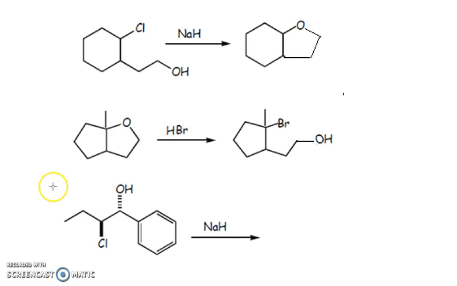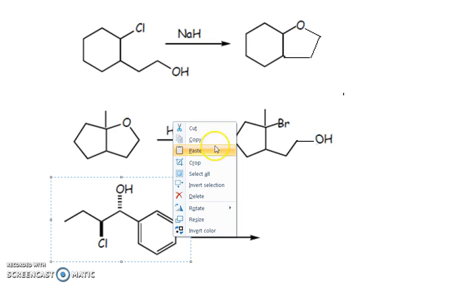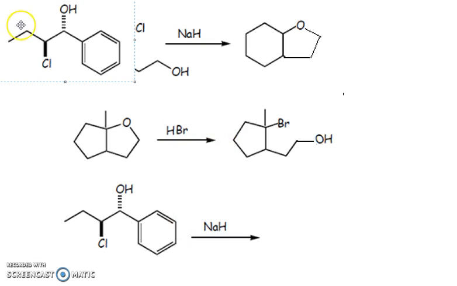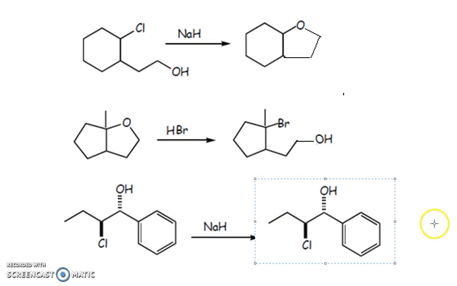All right, and down here, let's look and see what happens here. This is an alcohol that can be deprotonated by this. If I deprotonate this and put a negative charge right there, what's going to happen?